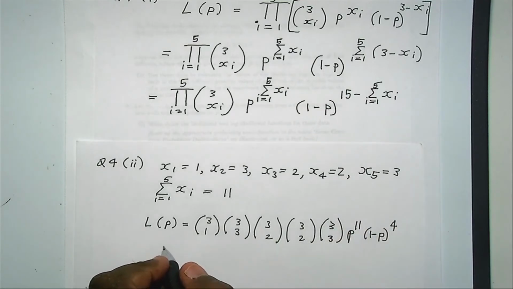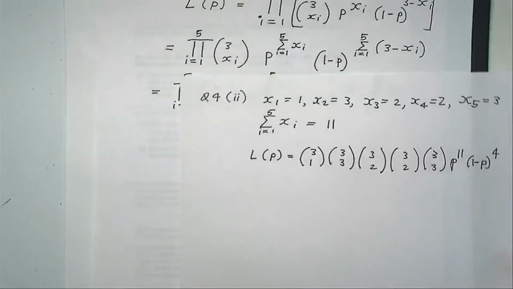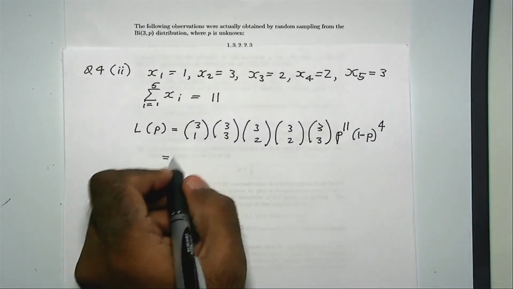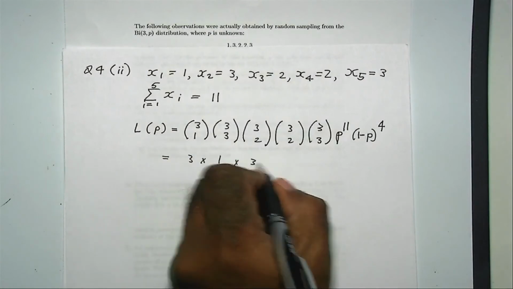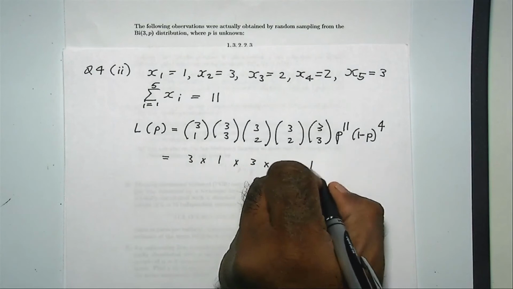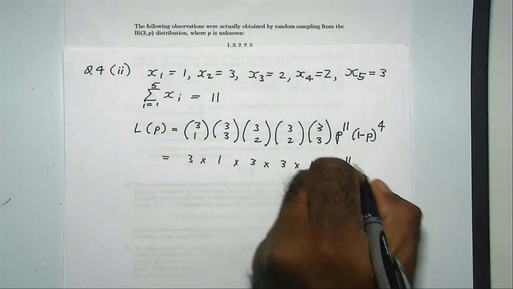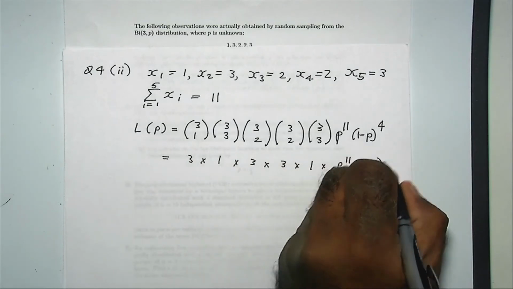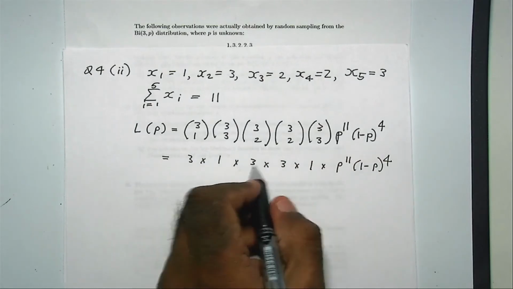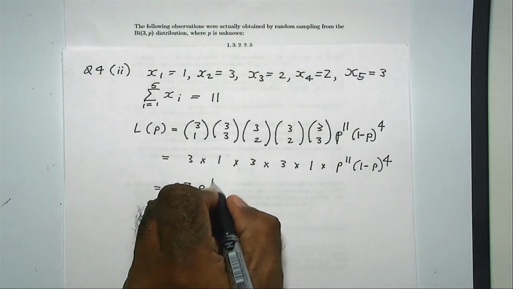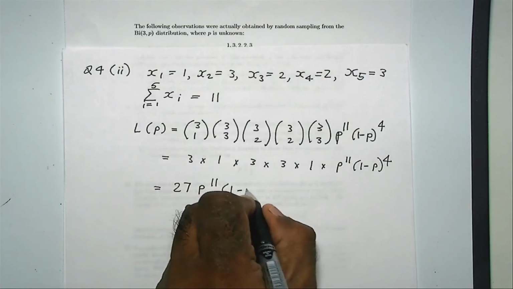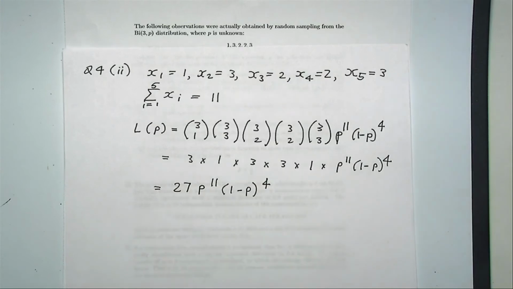Alright, so you can figure this out. 3 choose 1 is 3, and so on. So this is 3 cubed, which is 27. So what you have is 27 times p to the power this, to the power this. So this is your likelihood function.